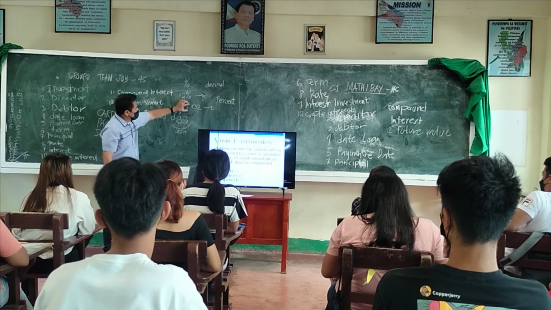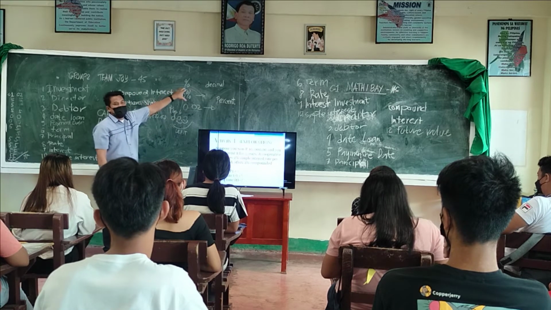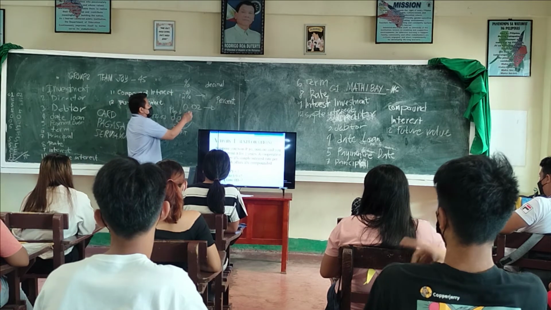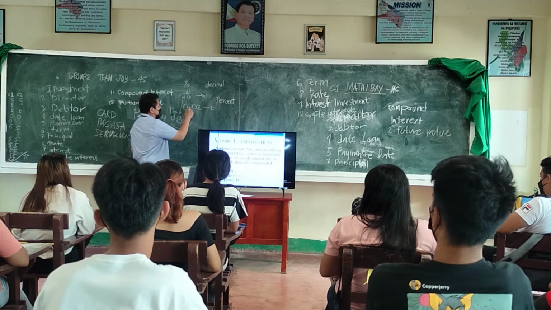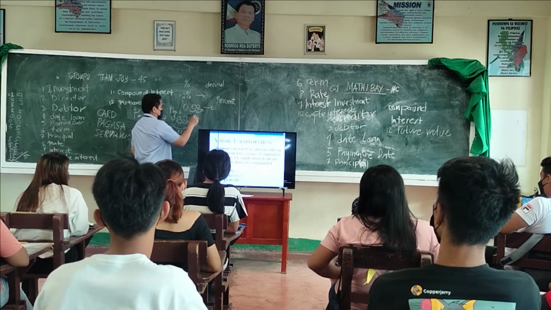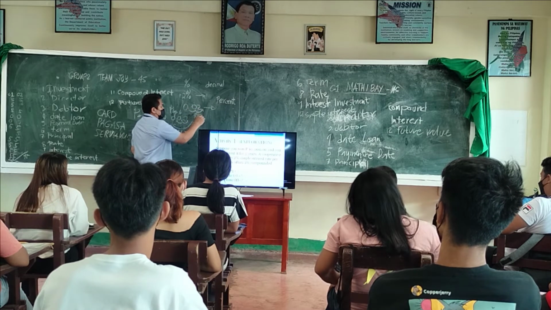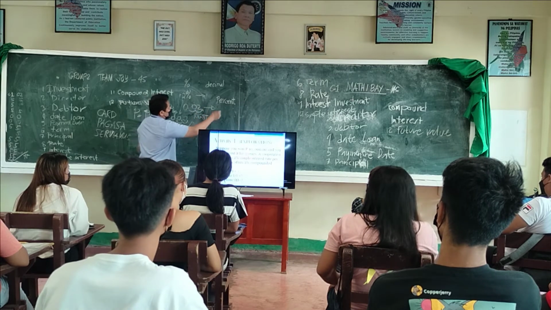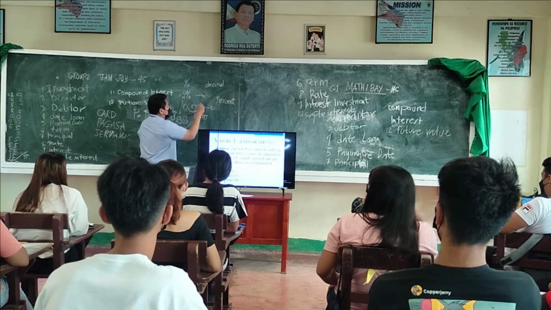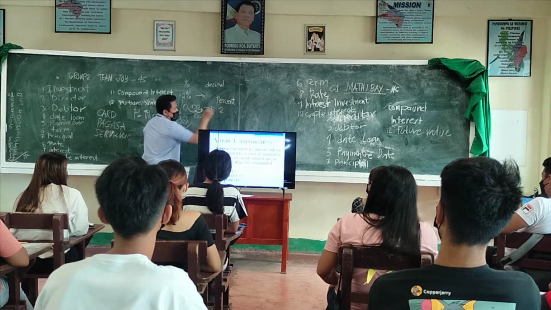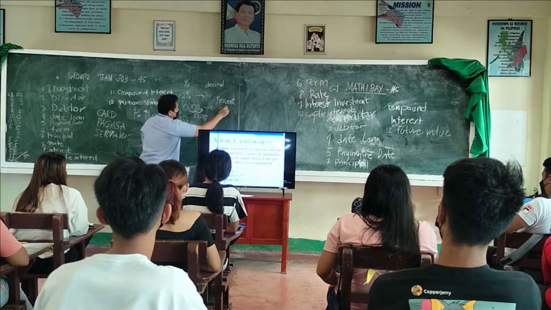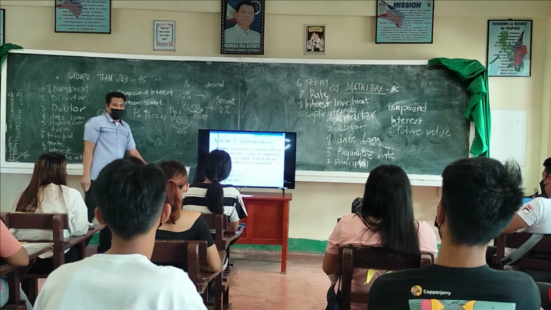So, the rule is we have to move the decimal 2 places going to the right. So, going to the right is the direction. So, we have 1, 2. So, we get 2%. Then add the percent symbol.